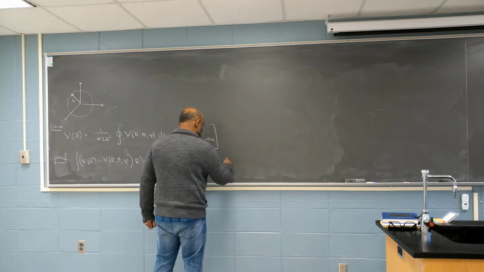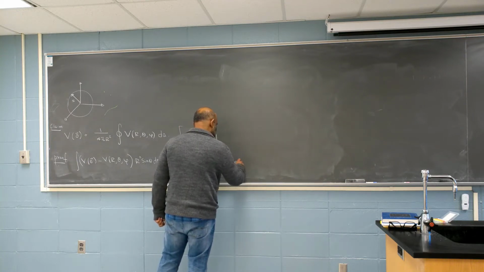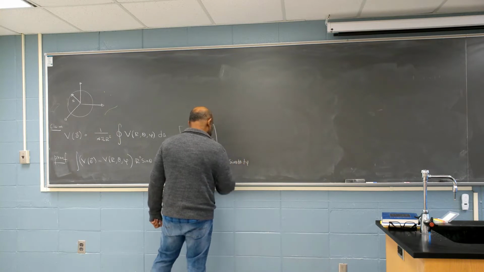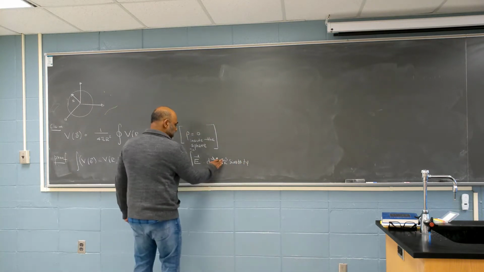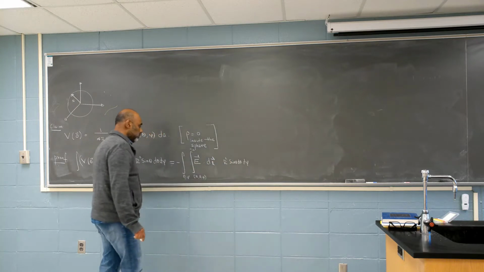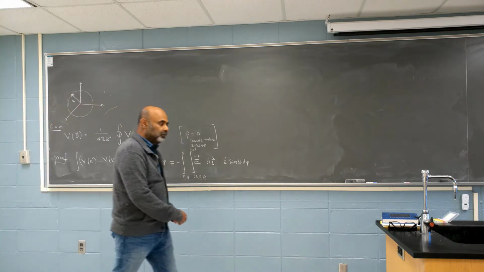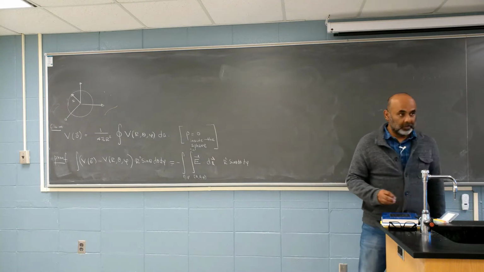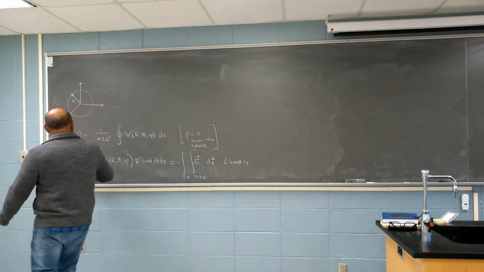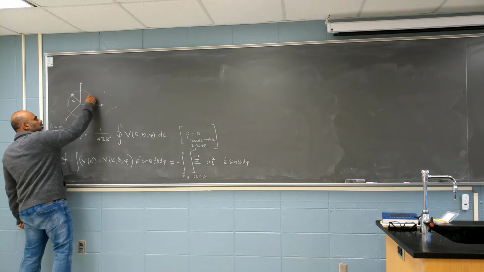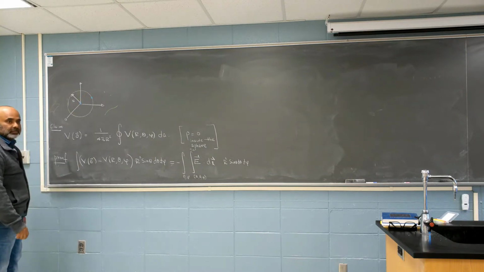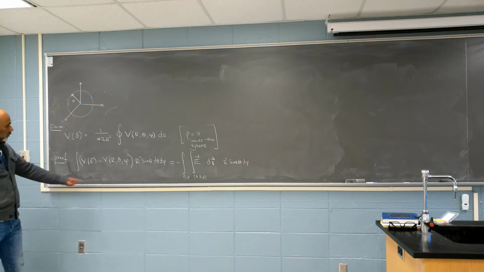Then you have r squared sine theta d theta d phi. So what I've done here is I've picked any two points. Well, not any two points. This point, and it doesn't matter, this point, for some theta and phi.